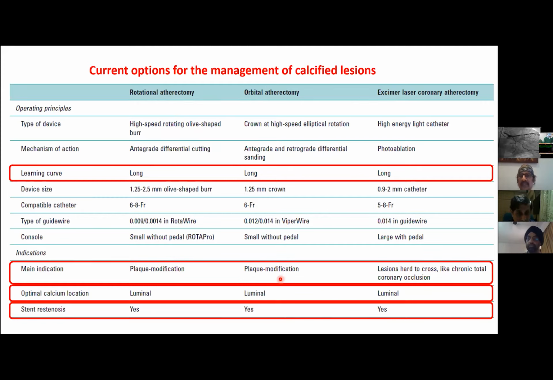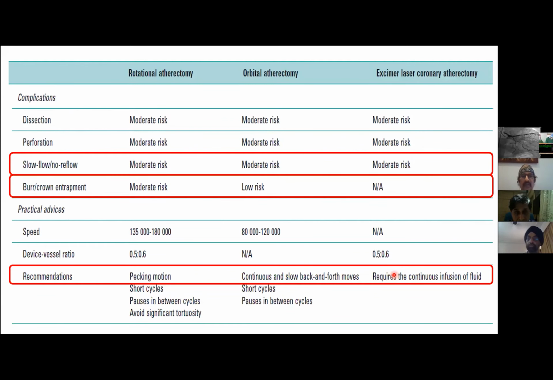The excimer can be very good if the lesion is hard to cross, like a CTO. In fact, if you have ISR with a CTO, excimer would work very well. We all know that for rotational, we do pecking movements. The downside would be slow flow or no flow.